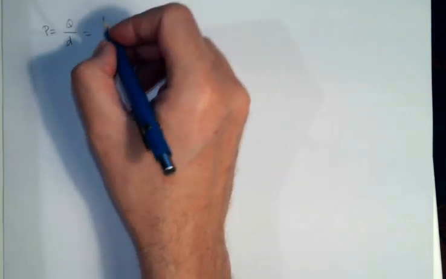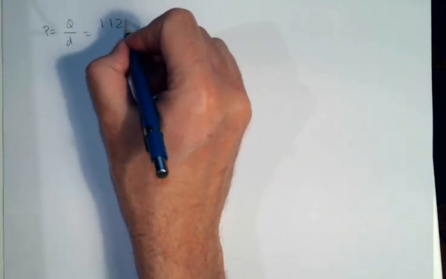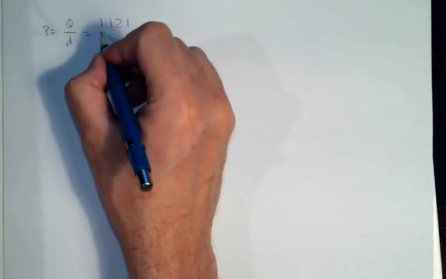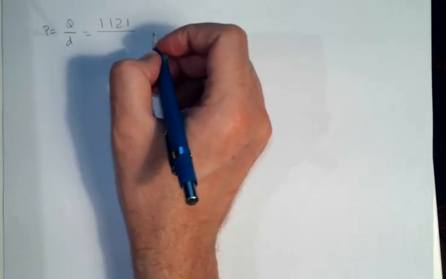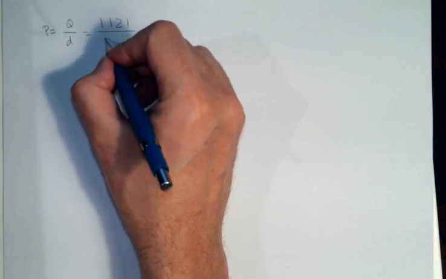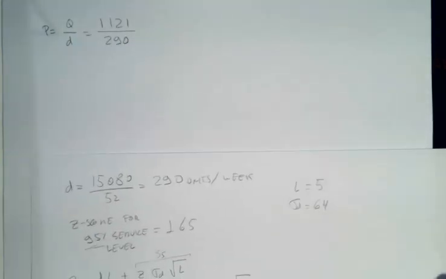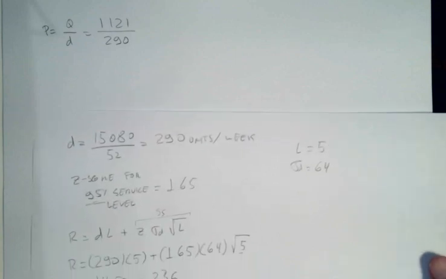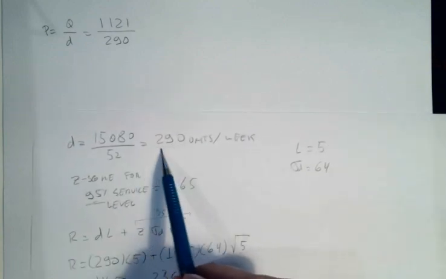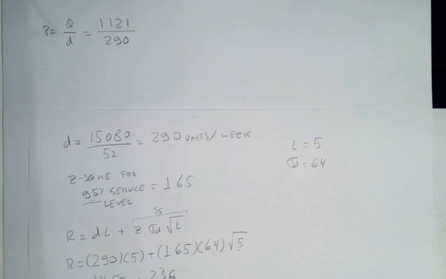We know Q from the last problem. We calculated the EOQ was 1,121. And we know that our weekly demand is 290, and that comes from this problem, just so you guys remember. We calculated the economic order quantity last time.